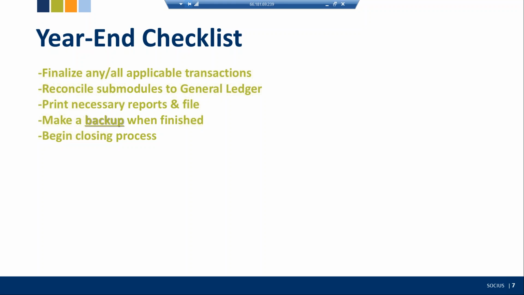Also, reconcile any of the sub-modules to the general ledger just to make sure that you're organized and in sync before you go through the process. Print any necessary reports or files, and then make a backup when you're finished. So we'll probably label that something like pre-year-end backup. And then you can obviously begin the closing process.